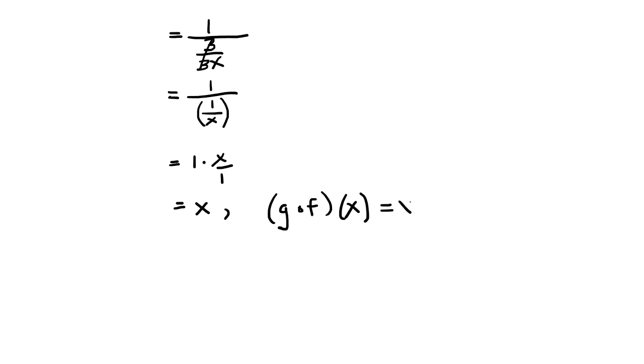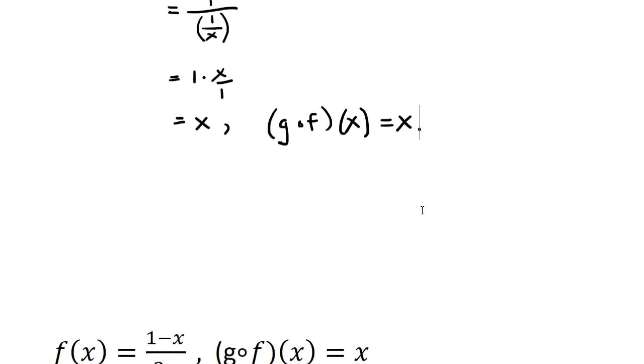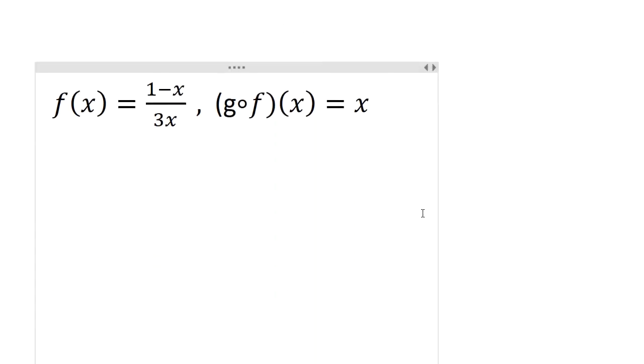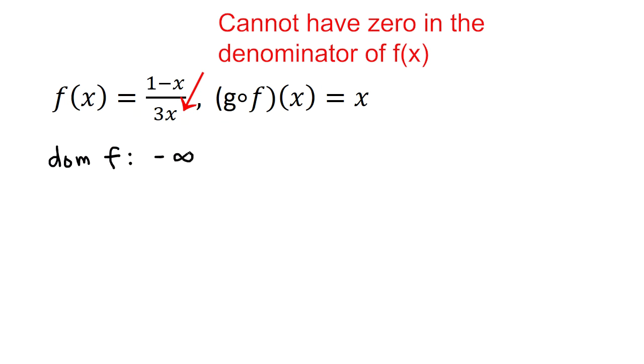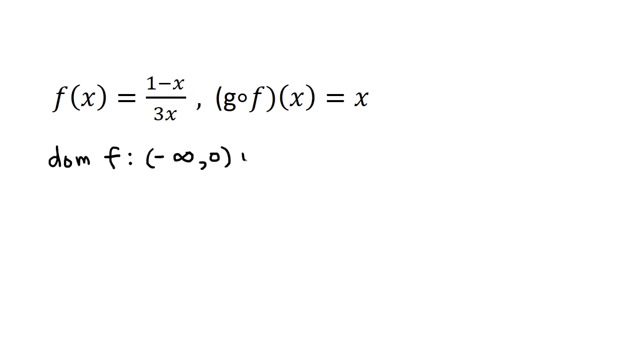In order to find the domain of g composed with f, I'm going to have to find the domain of f and the domain of the result. The only thing that's going to be a problem for f is if x equals 0. So the domain of f is all real numbers except for 0: negative infinity up to 0, union, that's the union symbol, 0 up to positive infinity.